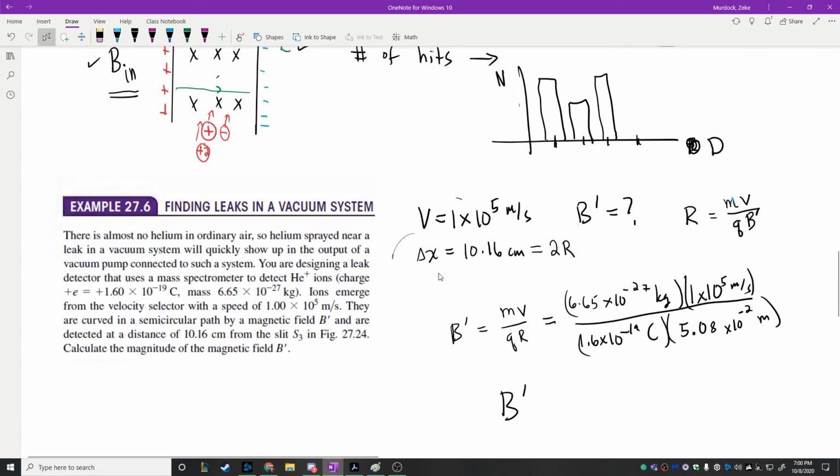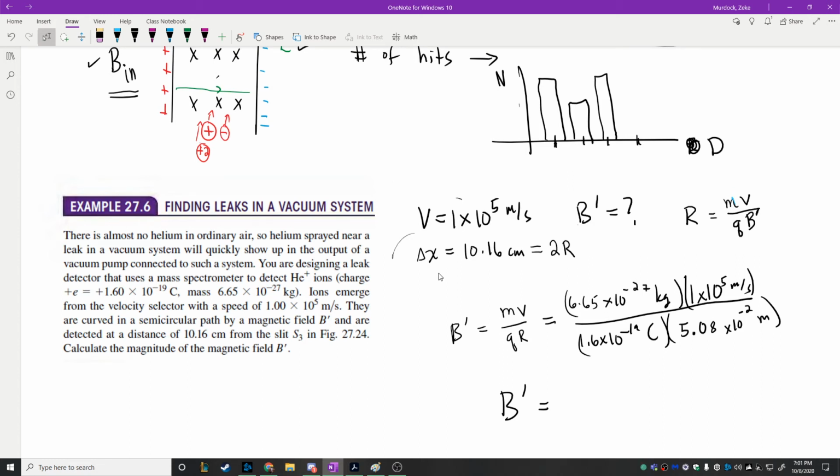So for this, we get that B prime is equal to, you can calculate that if you want to. I'll tell you what I get, and we'll compare. What do you get out of that?